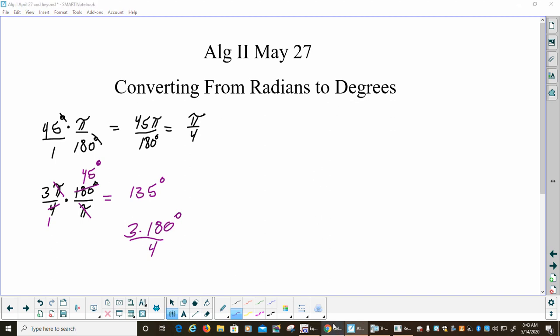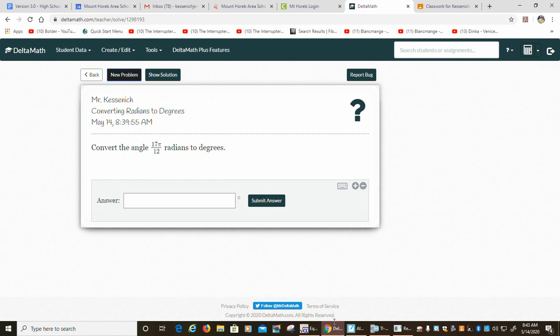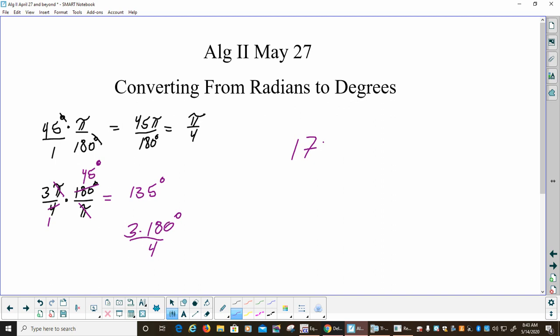Let's get another one. How about 17 pi over 12. I want to convert that into degrees. So you're going to multiply by 180 over pi. The pi's cancel. And then that's way beyond my ability to do in my head.